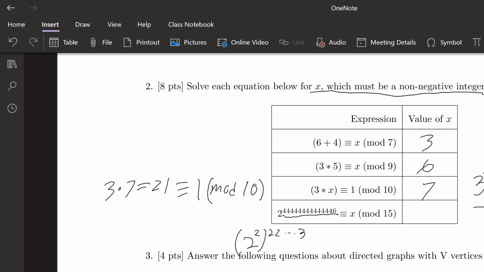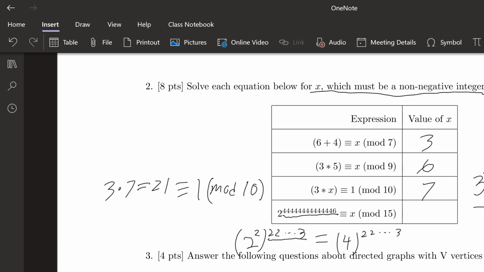We don't need to know exactly what it is, but all we need to know is that this big exponent is an odd number. So once again, we can just rewrite that as 4 to the big 2, 3. So 4 to an odd power mod 15.